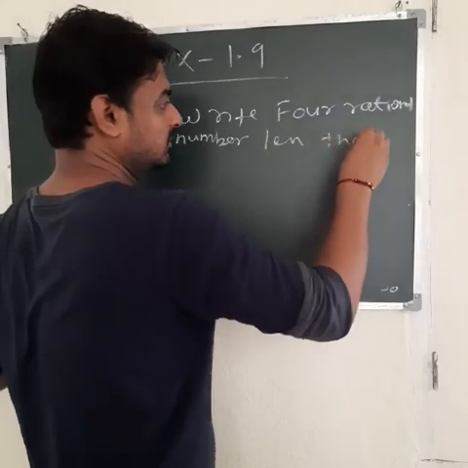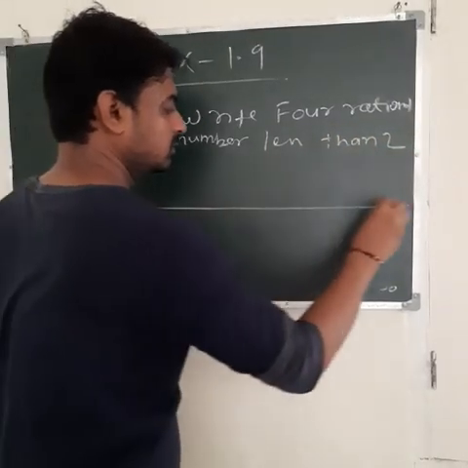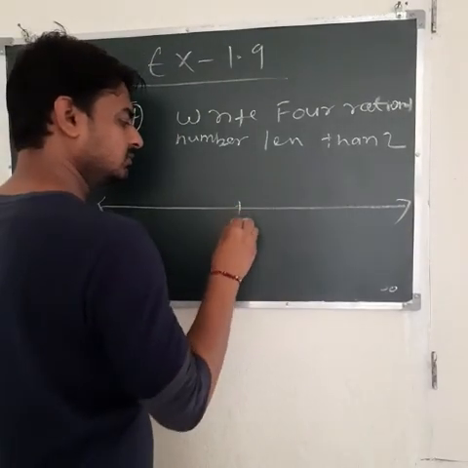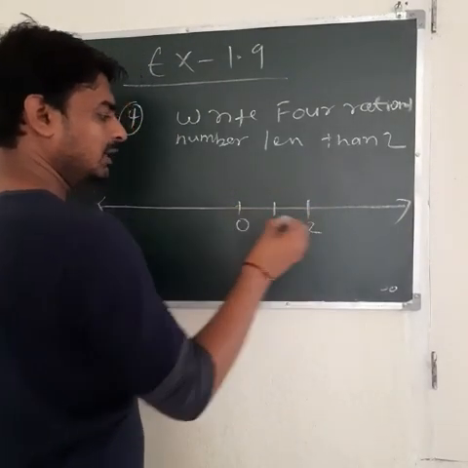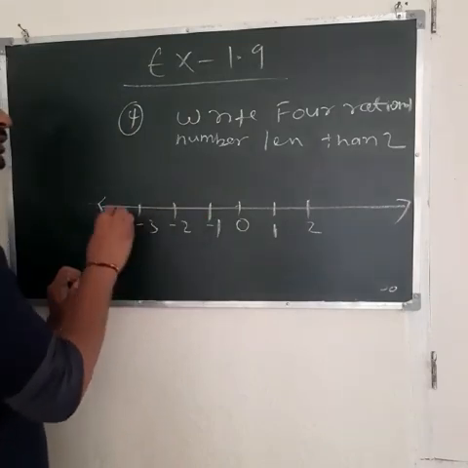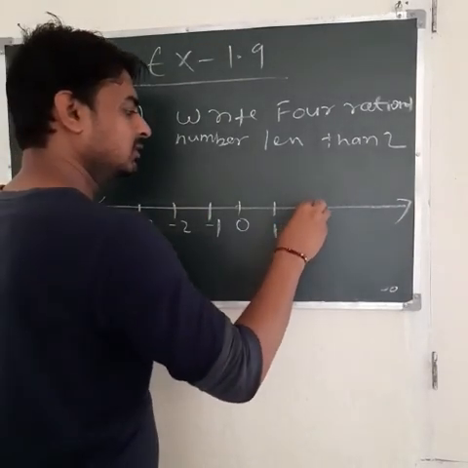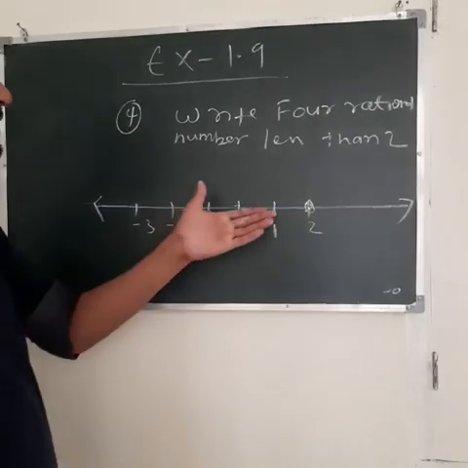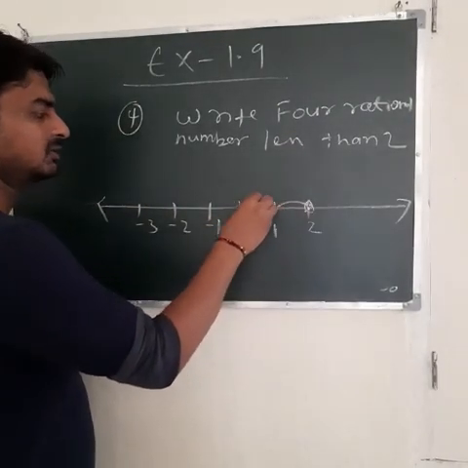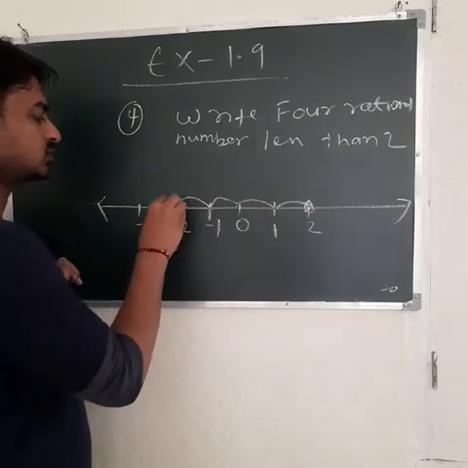Less than 2 means on the number line it is here: 0, 1, 2, and to the left side of 0 are minus 1, minus 2. So 2 is here. We have to write 4 rational numbers less than 2.